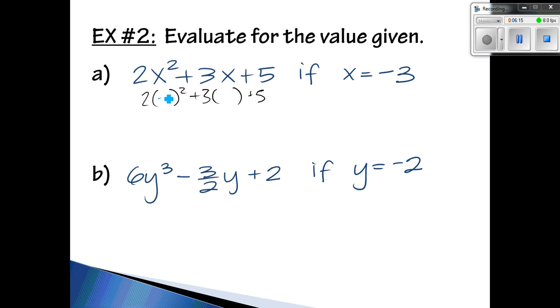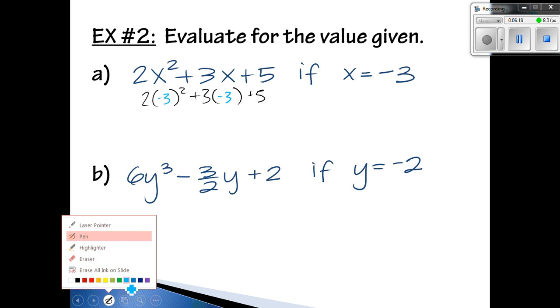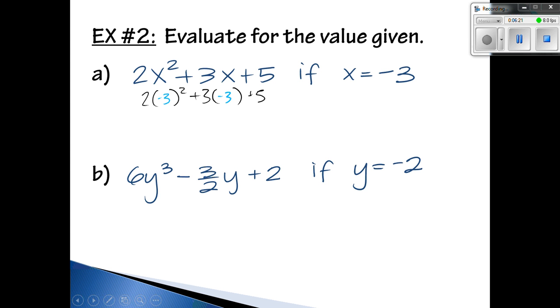So I'd have to plug in -3. Now, just remember order of operations. We have to do exponents first. So -3 squared is -3 times -3, which is 9. Now that's the only thing I'm doing.